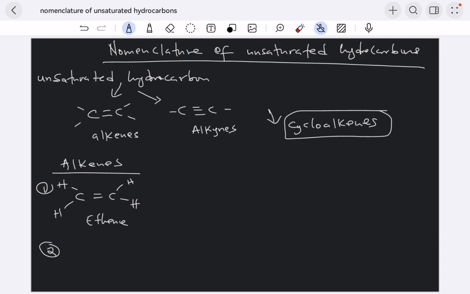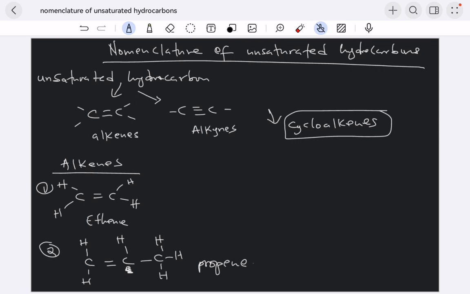We can have an alkene called propene. Remember, each carbon is supposed to make 4 bonds. So this will be called propene.